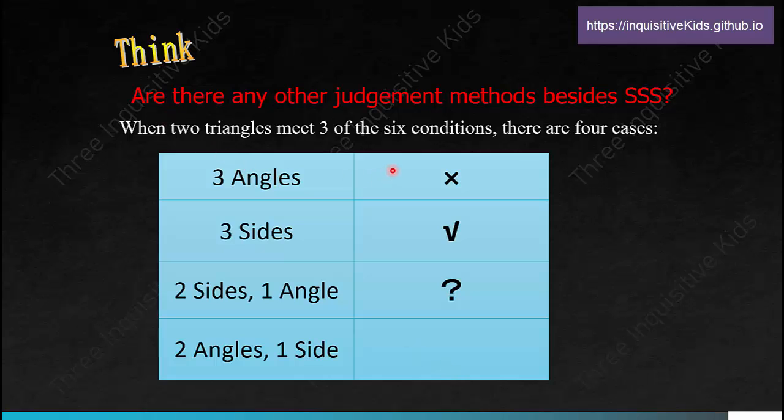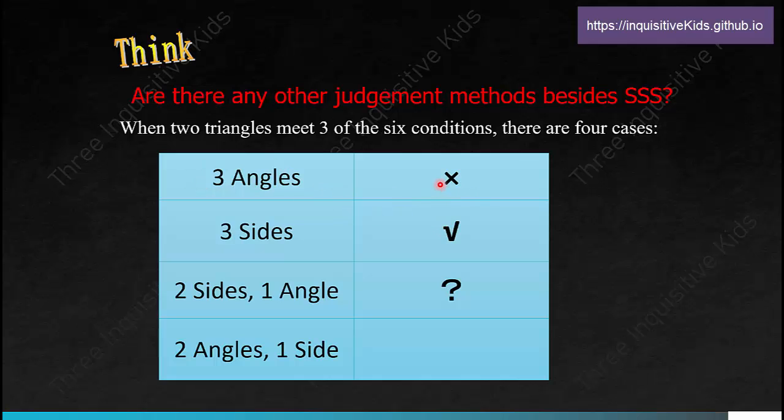Well, when two triangles meet three of the six conditions, there are four cases. The three angles are equal. Three sides are equal. Two sides, one angle, and two angles, one side. So we just tested out that if all three sides are equal, then it's a big check mark. We know for sure that those are congruent.